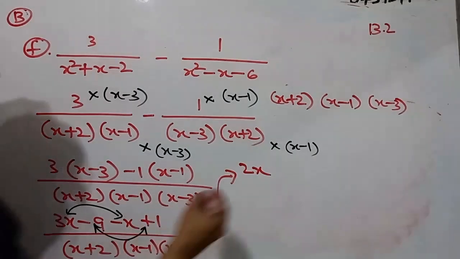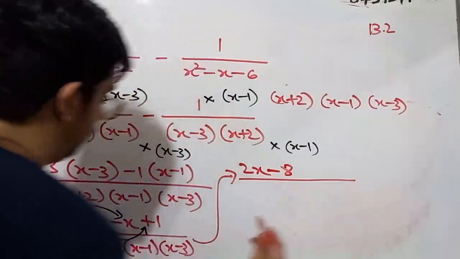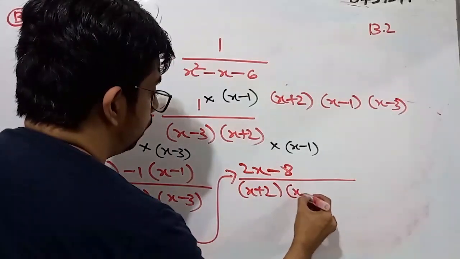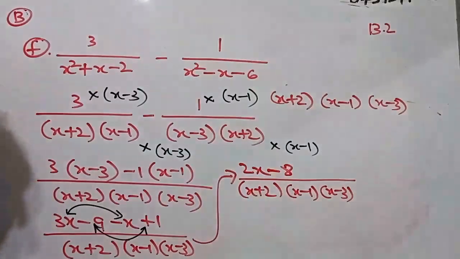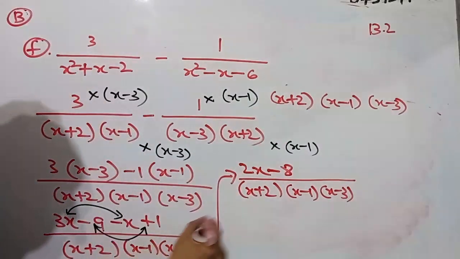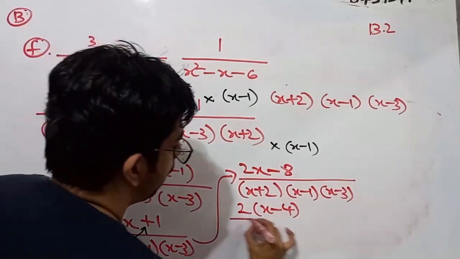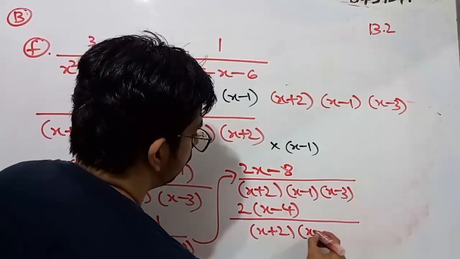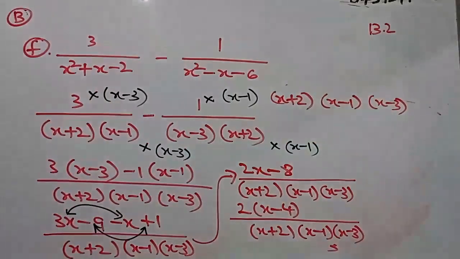So what should be the outcome? Minus 8. Then we can divide this by x plus 2, x minus 1 and x minus 3. So as you can see here, we can do some factorization also. So 2 into x minus 4, entire expression divided by x plus 2, x minus 1 and x minus 3. So this should be the answer.